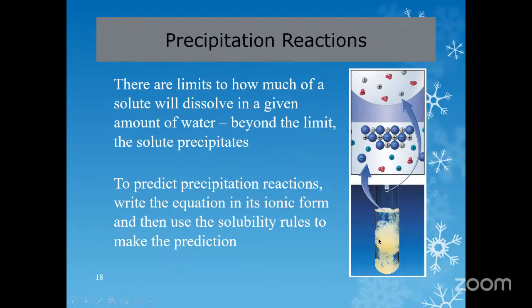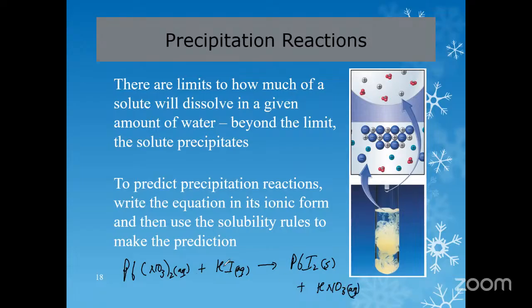And if I'm not mistaken, this is actually the reaction between lead(II) nitrate, let me write the equation here, lead(II) nitrate aqueous, and potassium iodide aqueous. And the products of this reaction would be lead(II) iodide solid and potassium nitrate aqueous.